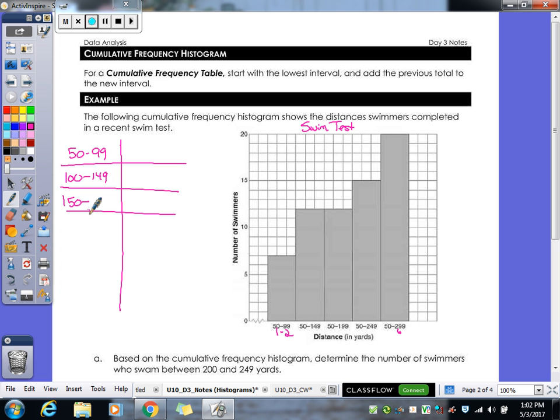And then it's going to end at 199. Go up 1 from 199, and that's 200 to 249. Up 1 from 249 is 250. And that's going to 299 yards. I think I said laps before, yards.